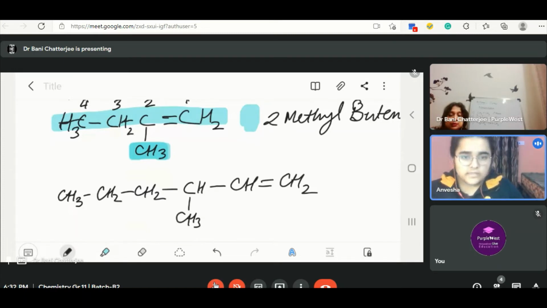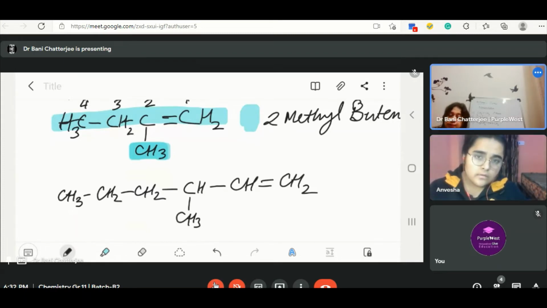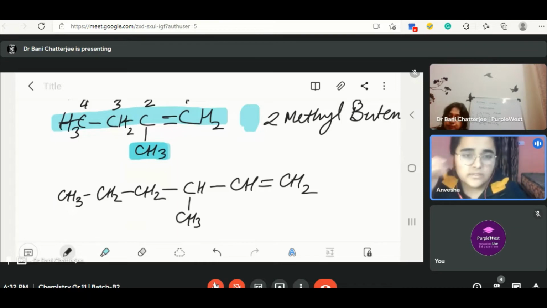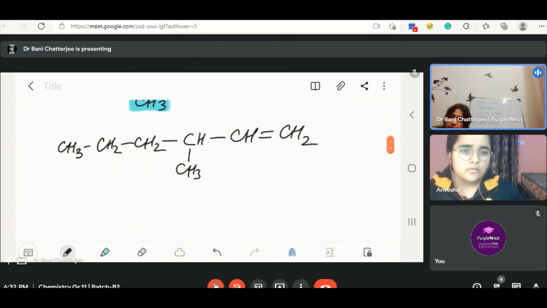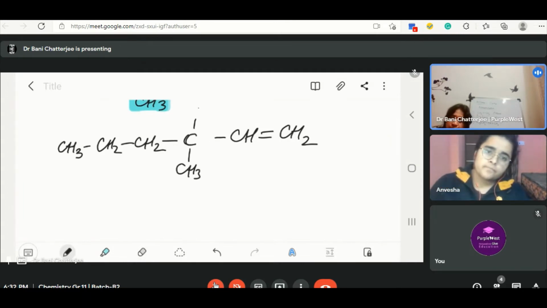Longest chain has 6 carbons. The position of that attachment is 3, so we'll say 3-methyl hexene. Very good, super.